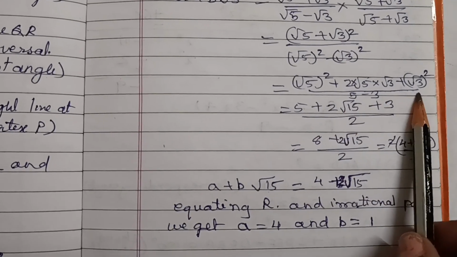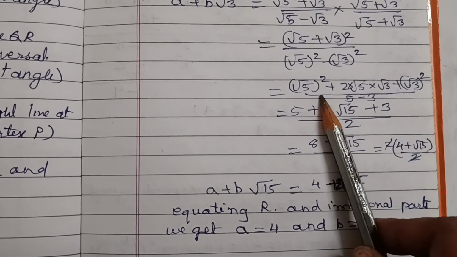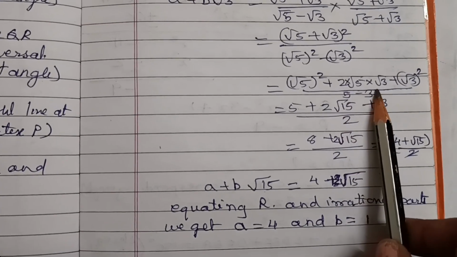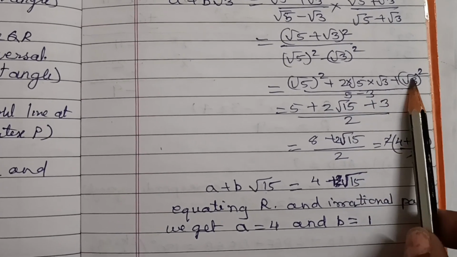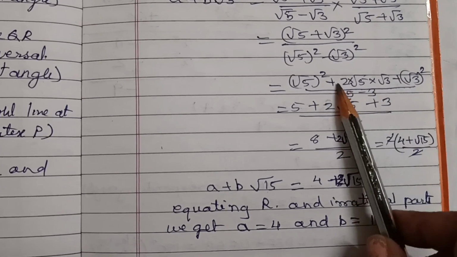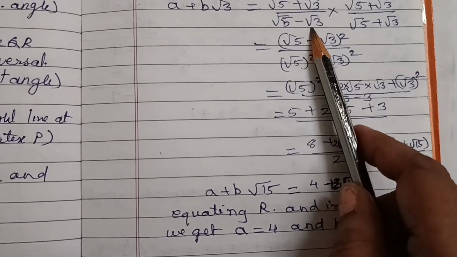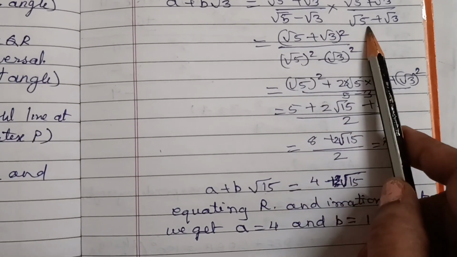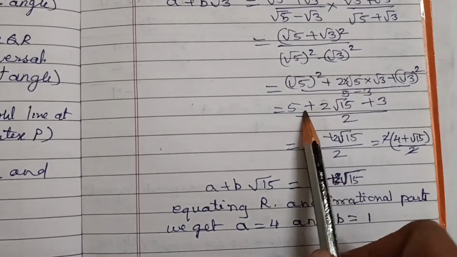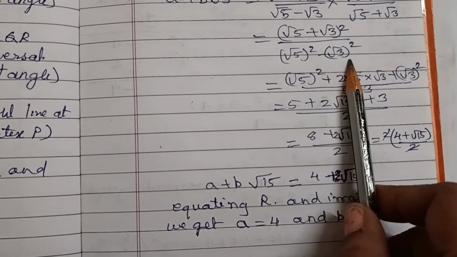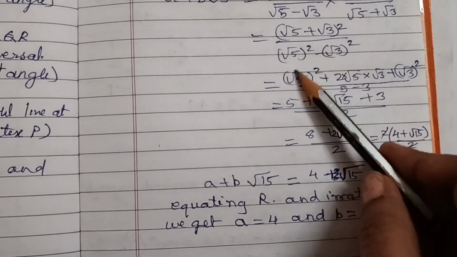After expanding, we get root 5 square plus 2 into root 5 into root 3 plus root 3 square, upon, since a minus b into a plus b is a square minus b square, root 5 square minus root 3 square.